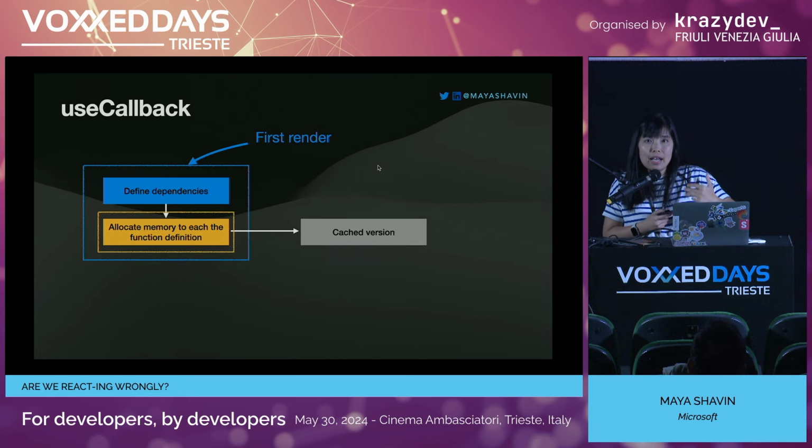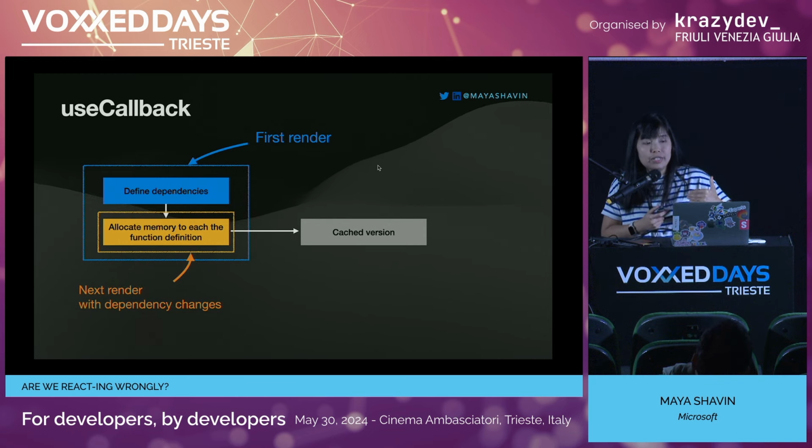So the next time when it's rendered, if something has changed in the dependency, it will trigger allocating memory for each function definition again. And then when the function is triggered, React will use the latest cached version instead.